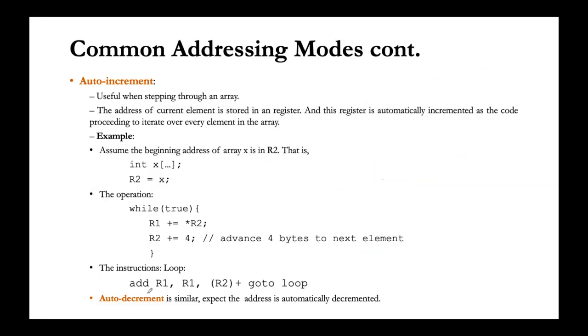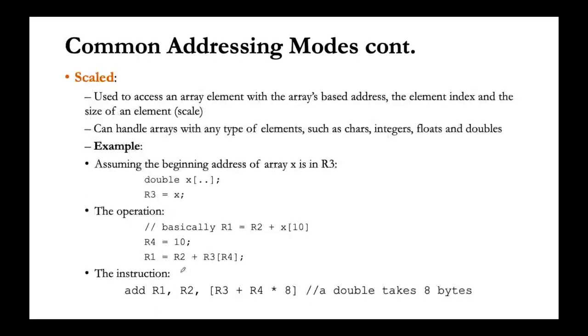So every time an addition operation is happening: add the content of R1 with the incremented R2 base and store the result in R1, and it goes to the loop. Similarly, in the auto decrement, instead of add, it uses subtraction. So this auto decrement is similar, except the address is automatically decremented. The last addressing mode is the scaled addressing mode.